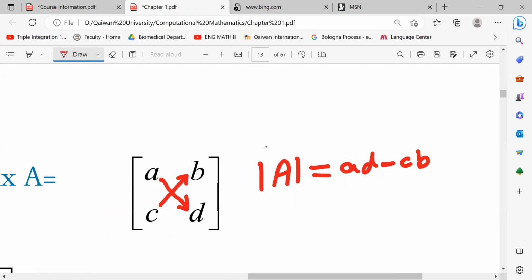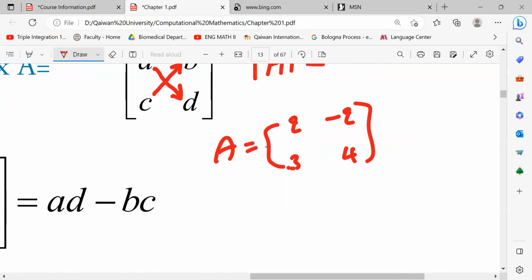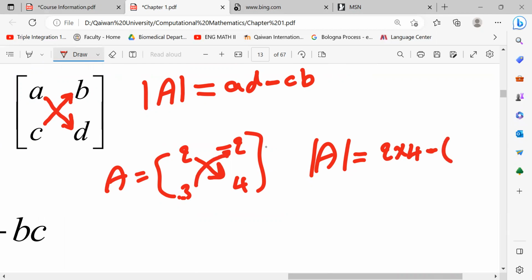That's easy. Let's take an example. If A is 2, negative 2, 3, let's say 4. What's the determinant of A? It is 2 times 4 minus 3 times negative 2.